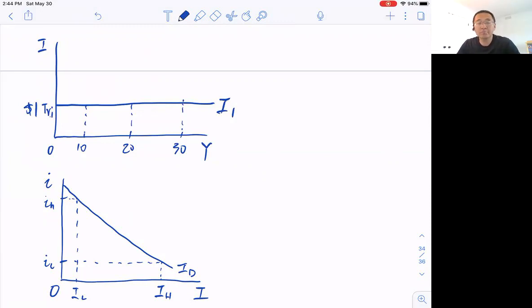And if you have to pay high cost to borrow money, then the chance for you to make a profit off of your investment is going to be low, right? Because the more interest you have to pay the bank, the less of a chance you're going to make a profit off of your investment in the future. So few investment projects will be done, okay?